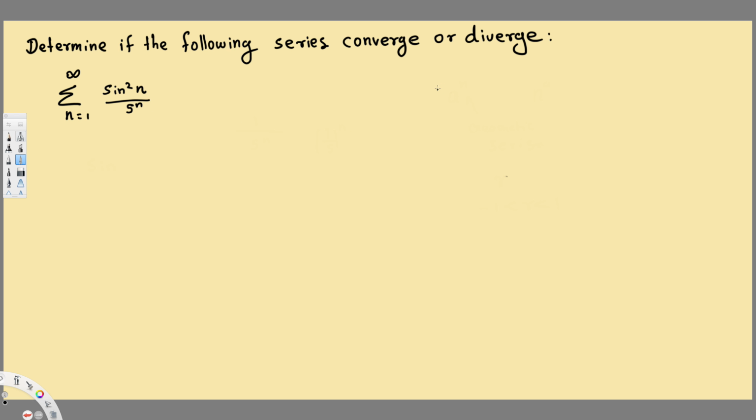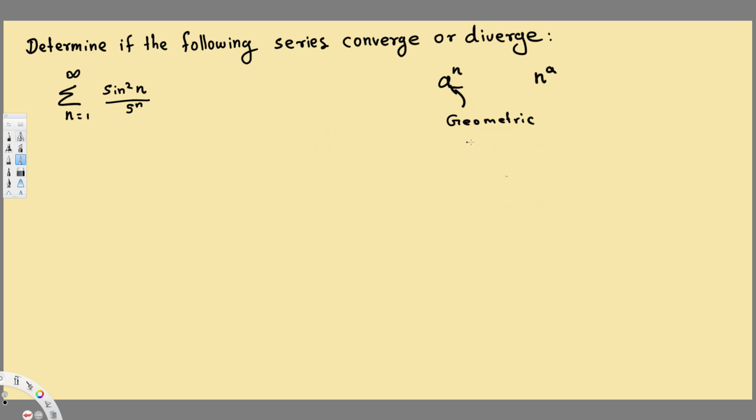We know that for a geometric series, it's always a number to the power n. For a p-series, it's always n to the power of a number. And here we don't have to look at the numerator for now. If you look at the denominator, this 5 to the power n, this is a number to the power n, so we know that this is a geometric series.